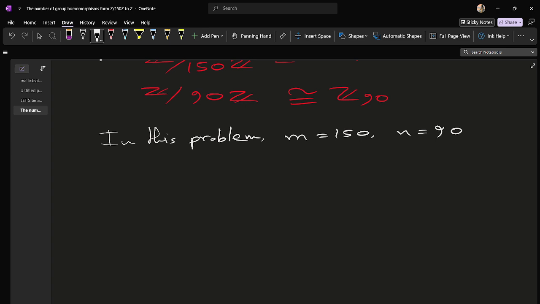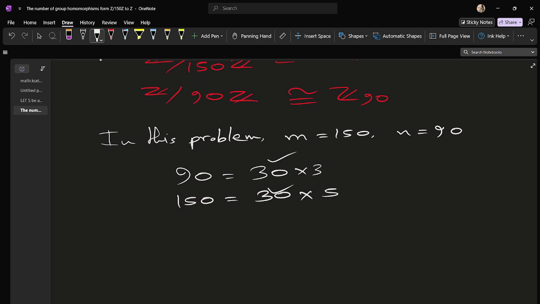So the GCD of that will be what? Our 90 can be written as 30 into 3 and our 150 can be written as 30 into 5. So our GCD is this.